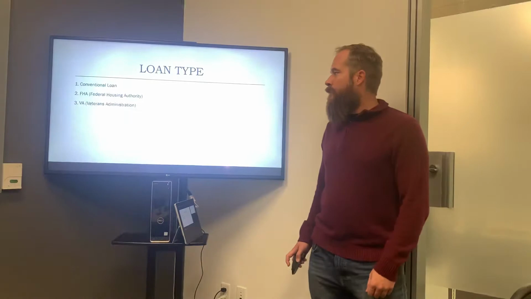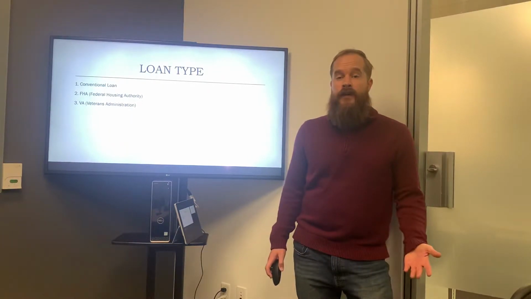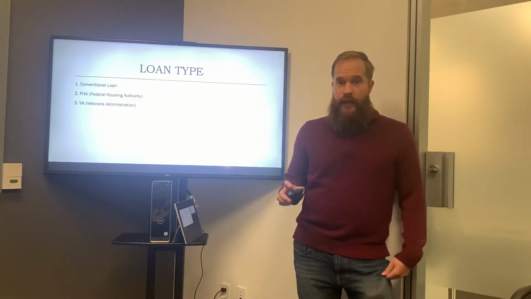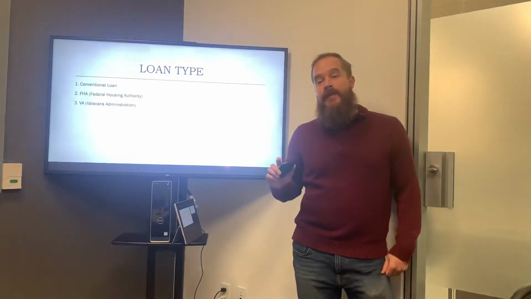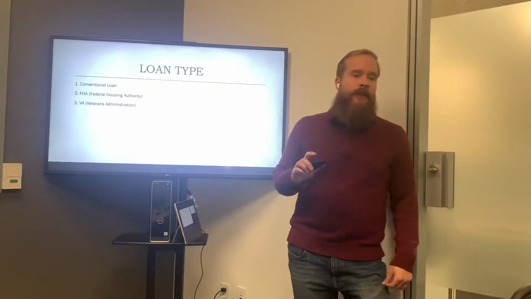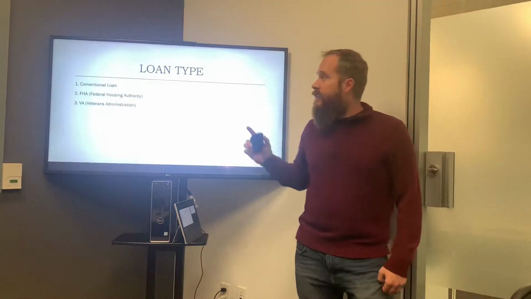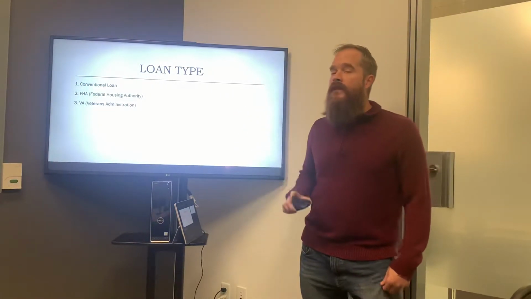And then the third one is a VA loan, or a loan through the Veterans Administration. Now, the first one is not a government-backed loan, which means the rules and guidelines may be a little bit more strict than the FHA loan or the VA loan.